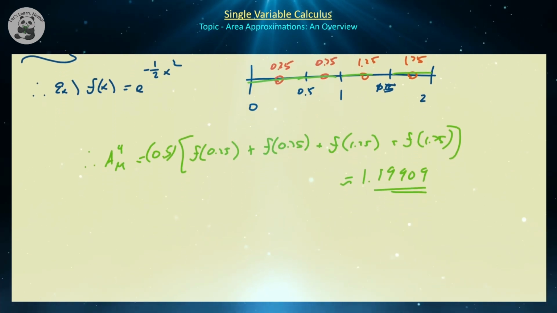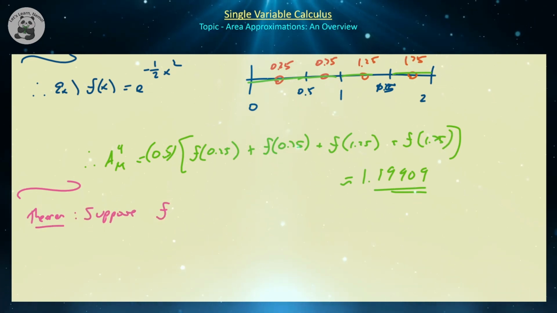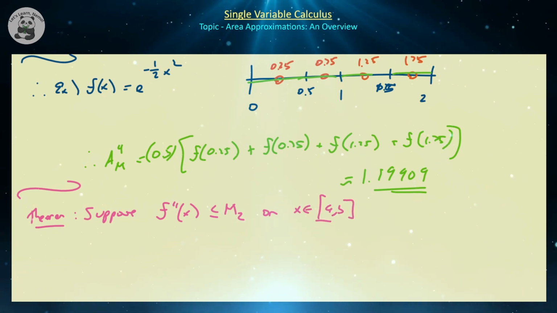So what is the bound for this particular approximation? Let's suppose that the second derivative, f double prime of x, is again less than or equal to M_2 on the same exact interval x from a to b. So if we chose 1 for our trapezoidal approximation, you can use 1 here.